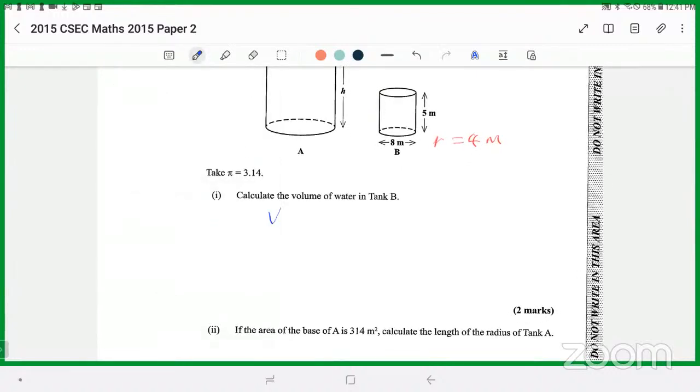So the volume in tank B is pi r squared H. That becomes 3.14 times the radius 4 squared, and the height is 5. That's what we're working out. Let's get a calculator.